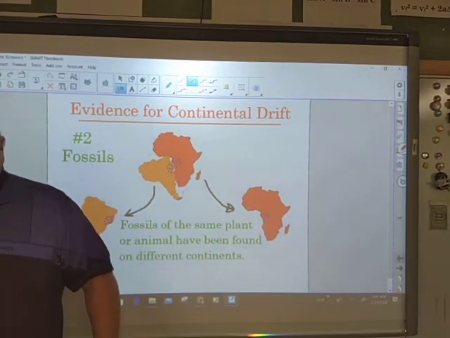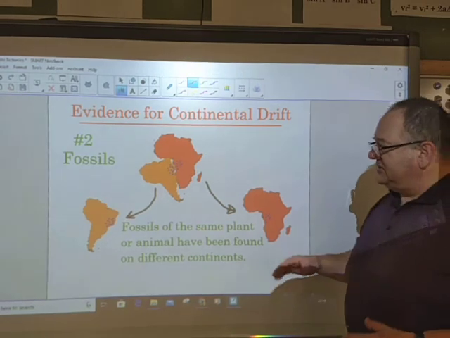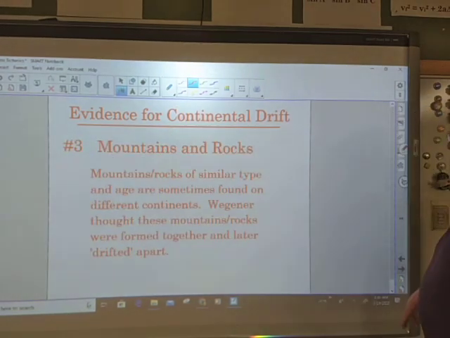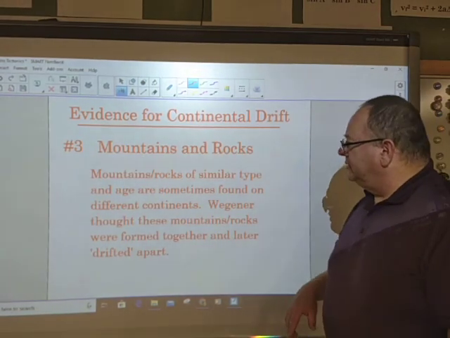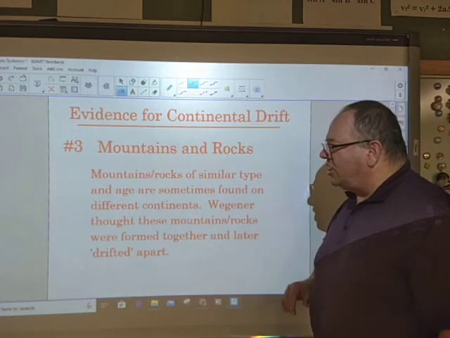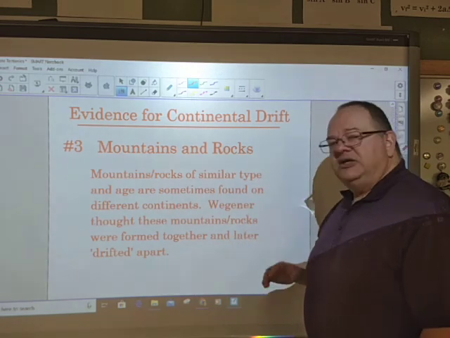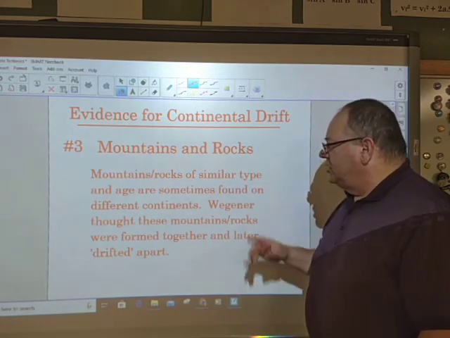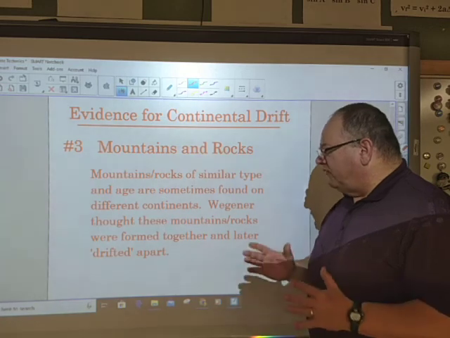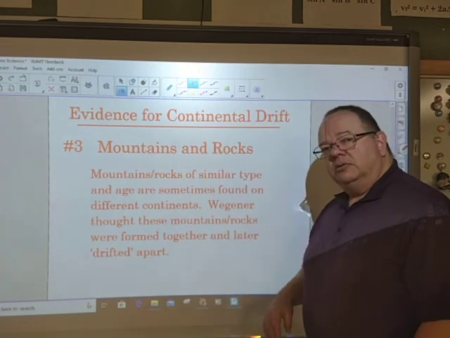Again, there's numerous places on Earth where we find examples of this. So go back to this mountains and rocks slide. Mountains and rocks of similar type and age are sometimes found on different continents. So Wegener thought that these mountains and rocks were formed together and later drifted apart.